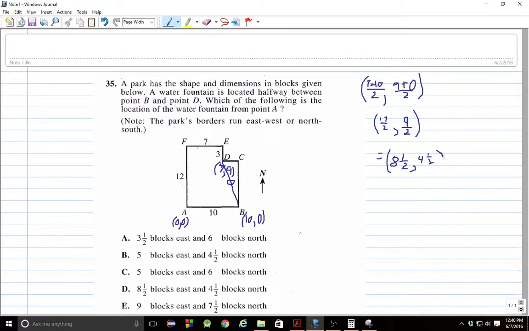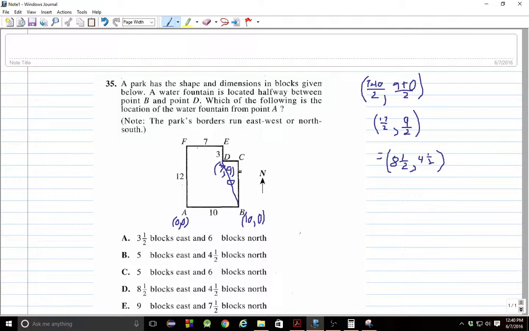Okay, so what we did essentially over here: we put A as the origin, or 0, 0, and then we found B because it's 10 east of A. Its coordinates are 10, 0. We found the coordinates of D by subtracting 3 from 12.